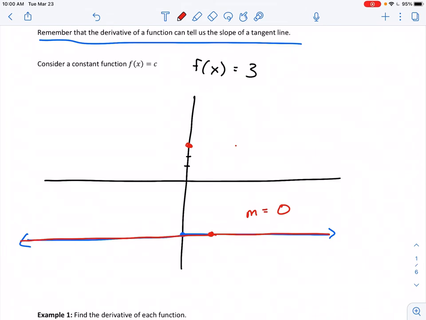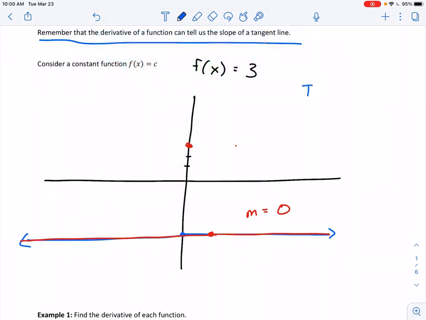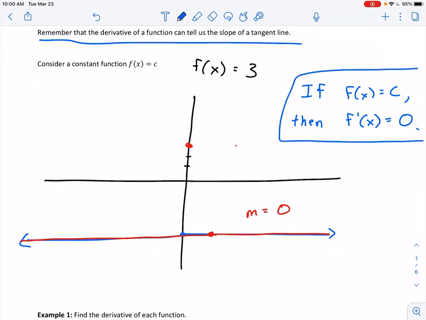So this kind of leads us to our first shortcut here. If we're working with a constant function, if we're working with f of x equals c, then the derivative of that function, f prime of x, will always be 0. So this is our first shortcut for derivatives that we have for today, and it's a really nice one.